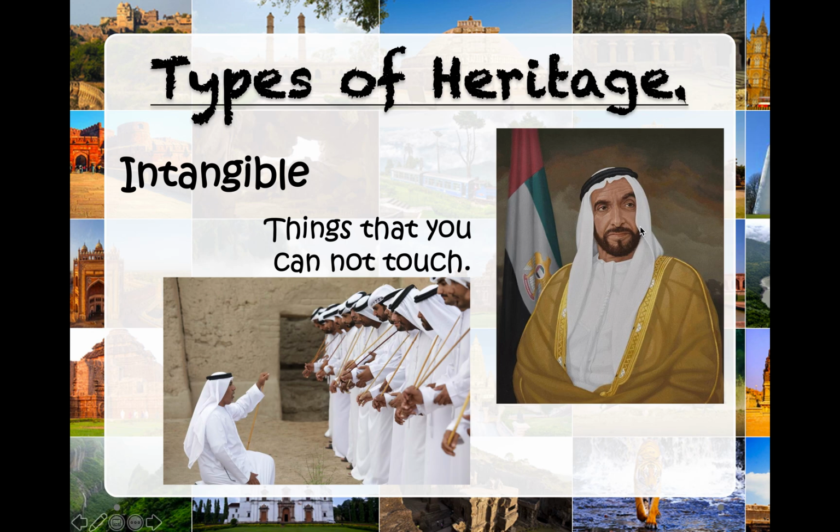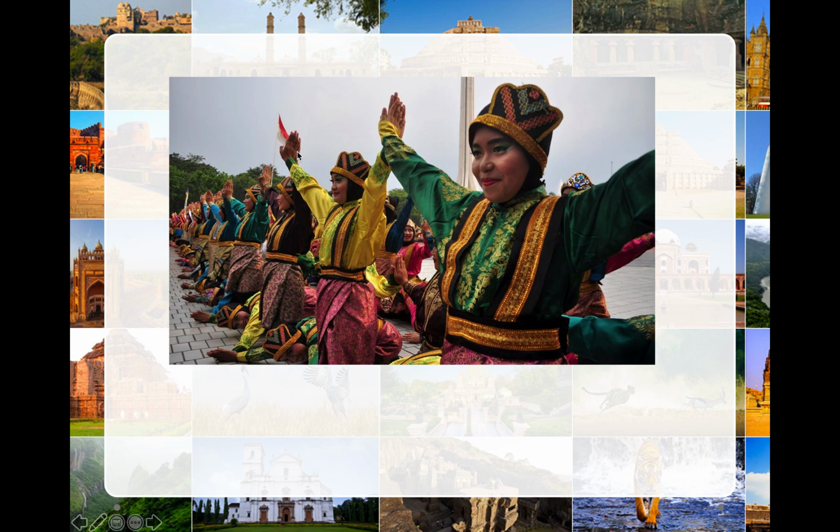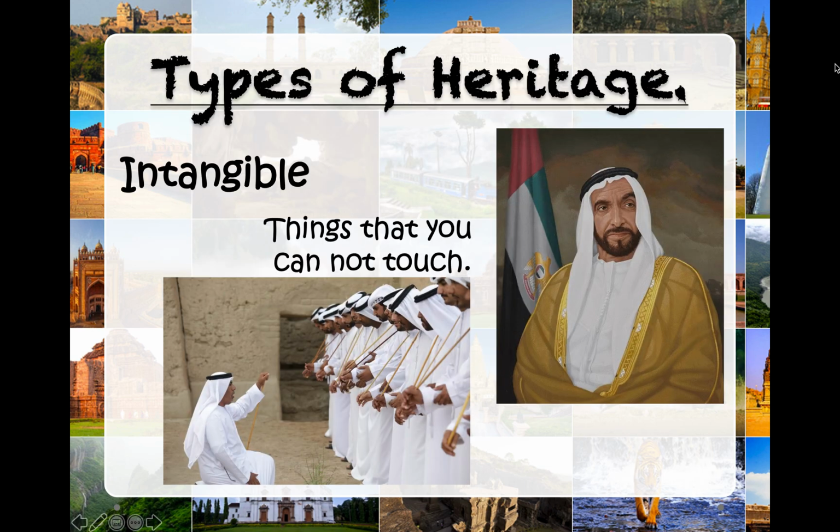The history of Sheikh Zayed and how amazing Sheikh Zayed was has come from your grandfather to you, and your grandfather must have heard the story also from someone else. And this means that the story of Sheikh Zayed is intangible. It cannot be touched.